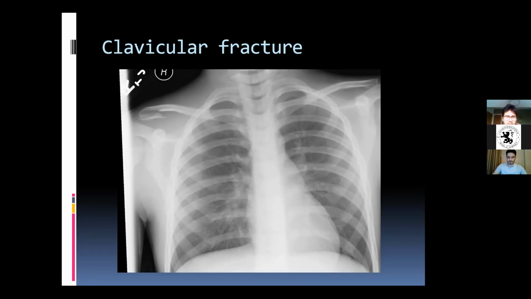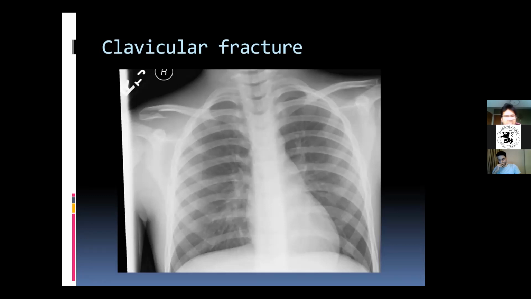Why is it a PA view and not an AP view? It is an AP view. One of the main things to look for is how horizontal the clavicles are. They're very horizontal. It's more likely to be an AP view than a PA view, or oblique.